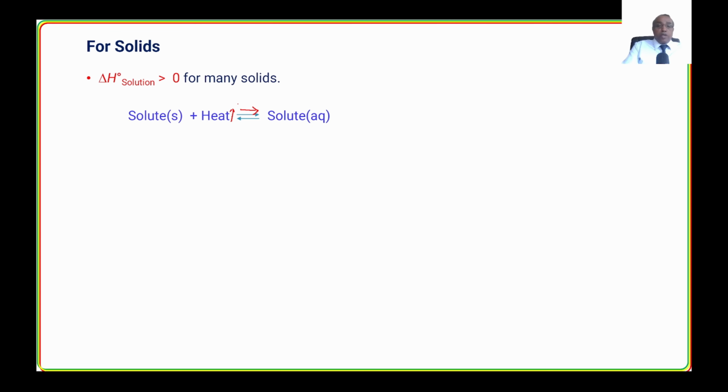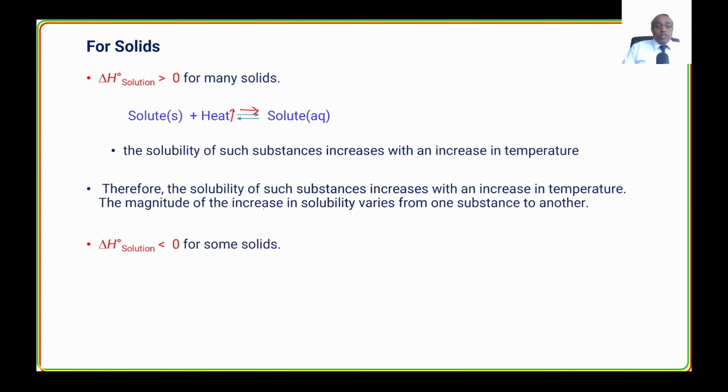This works for many solids, but this is not always true. The process may be exothermic in some cases. For exothermic processes, the solubility of solids decreases as temperature increases. In that case, heat is added after the arrows. You are increasing heat here. If heat is increased here, this equilibrium will shift to the reverse direction.